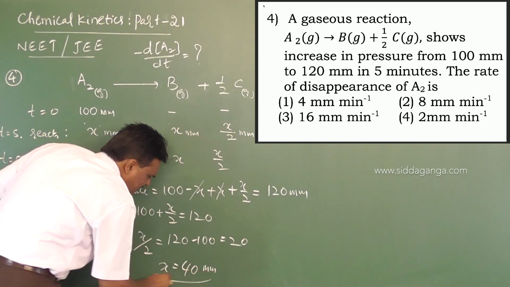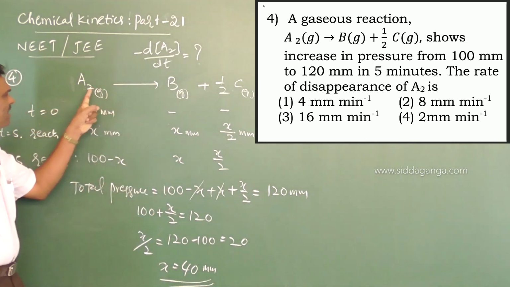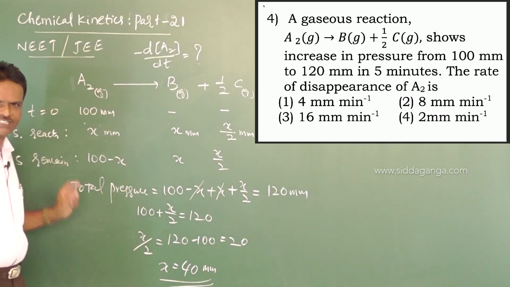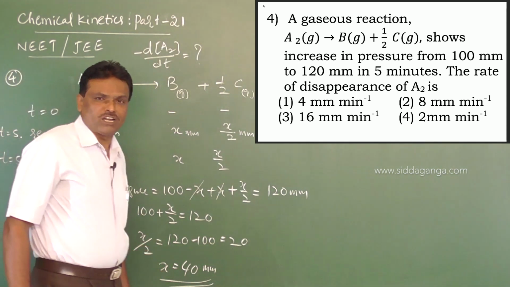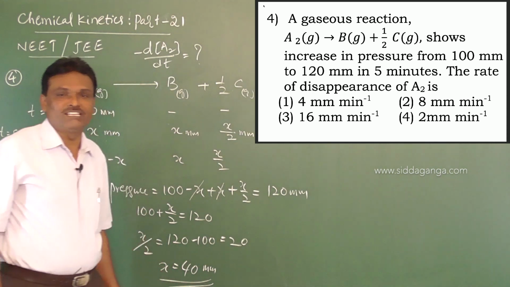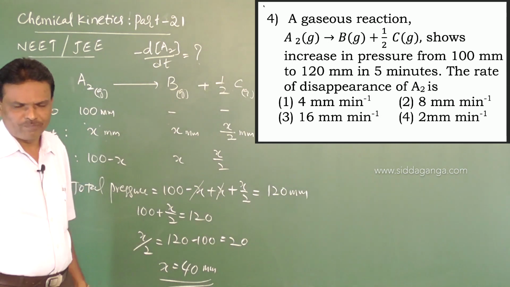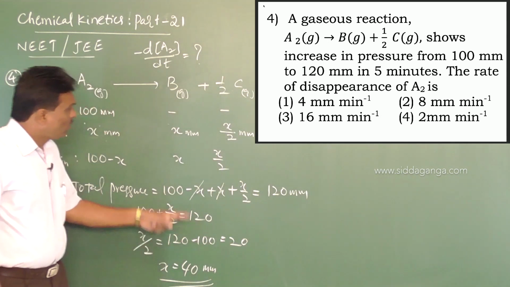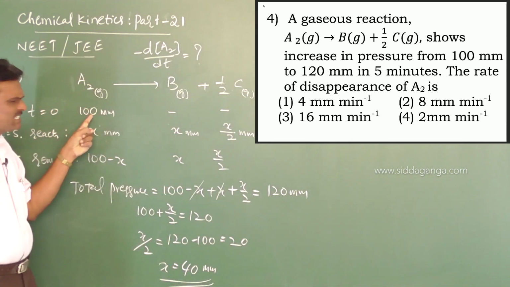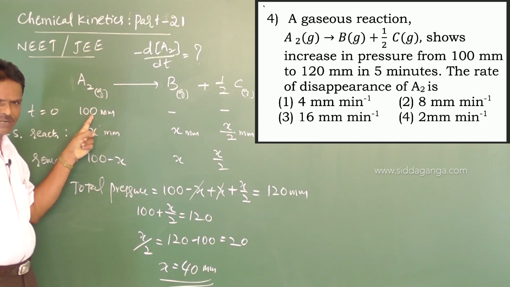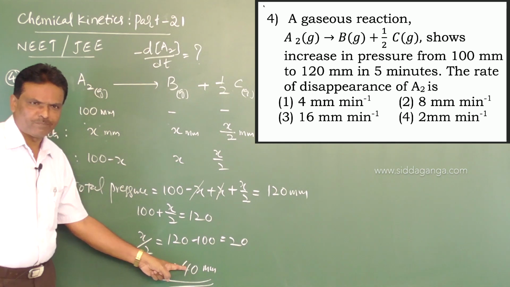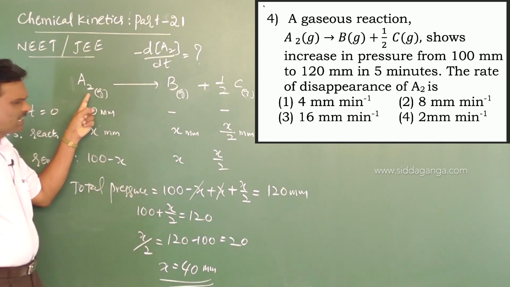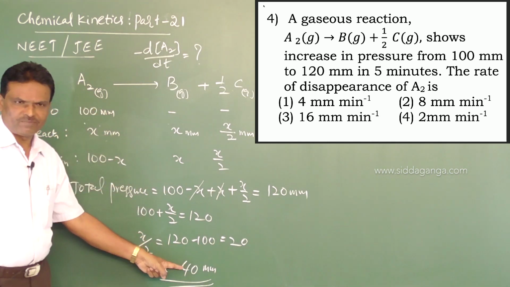So this is the decrease in pressure of A2 after 5 minutes. What is the partial pressure of A2? Initial pressure is 100. After 5 minutes, the decrease in pressure is 40. So what is the pressure exerted by A2? 60.